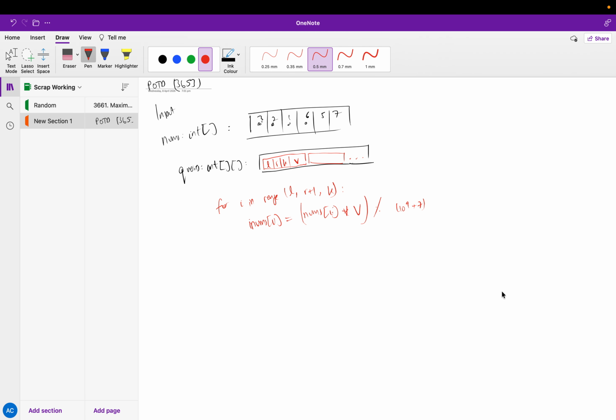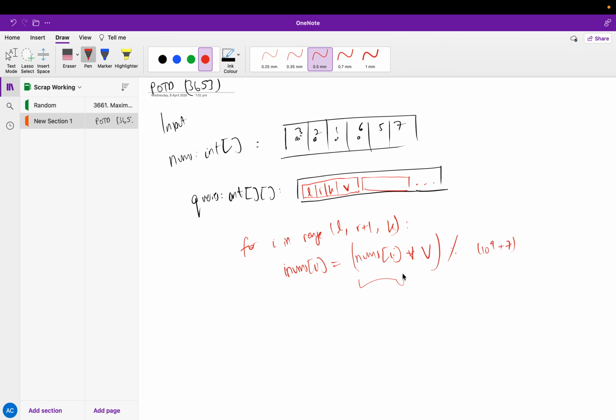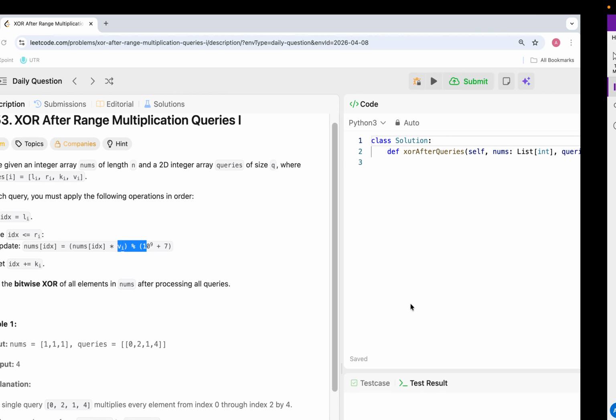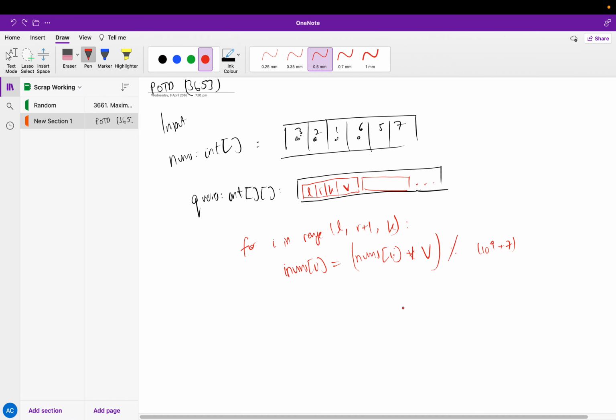Because we're going with Python, I'm not going to be too concerned about the integer overflow stuff. It's probably a good thing to practice thinking about, but for now, I feel like the issue is more about doing these queries efficiently.